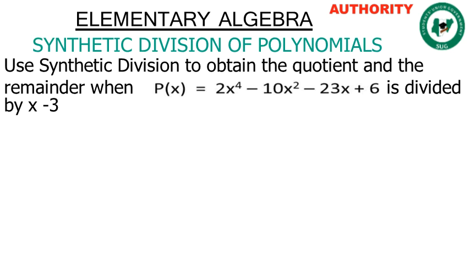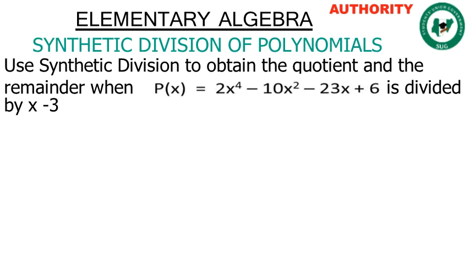Now look again. In this expression, we have x raised to the power 4, and then the coefficient. When we talk about coefficient, we are talking about the number attached to that term. So the coefficient of x raised to the power 4 is 2. The coefficient of x raised to the power 3 is 0.